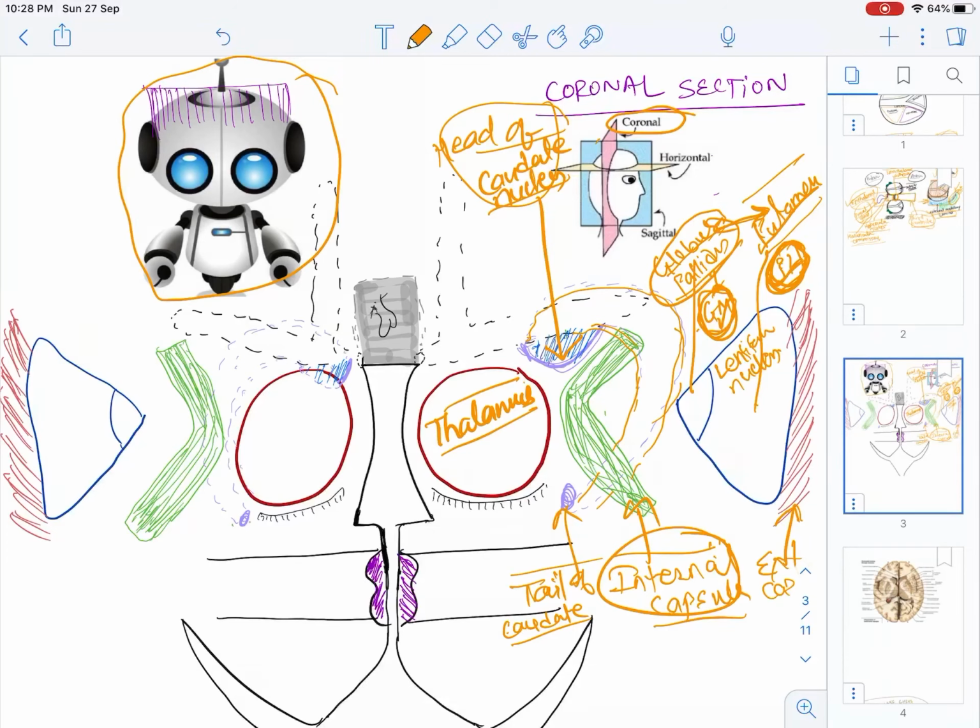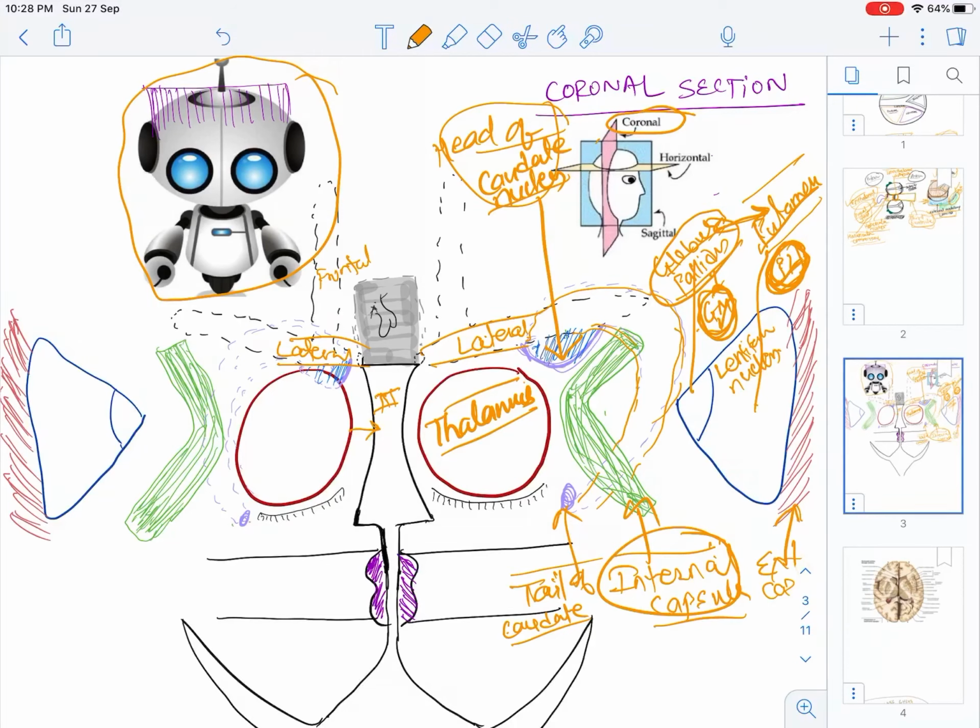Now the main relation of the thalamus to remember is medially, we know this is the third ventricle. As this is the third ventricle, we know from where the third ventricle opens, from which structures it starts. These two are the lateral ventricles, from which there is an opening into the third ventricle. So this is a lateral ventricle, and this is also a lateral ventricle.